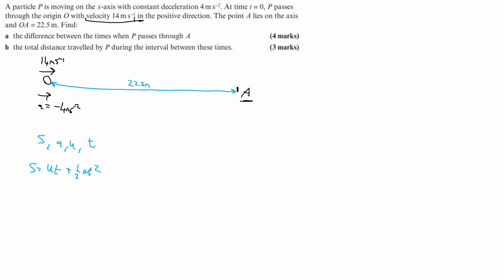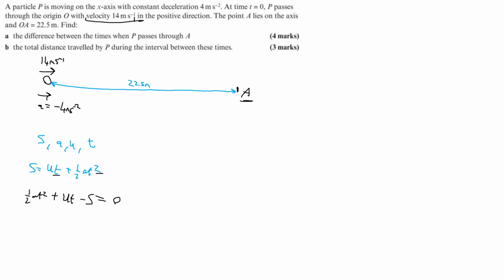We're trying to look for the time, okay? So how do you think we're going to look for the time? What does this equation look like? Exactly, it's a quadratic. So therefore, half at squared plus ut minus s is equal to 0.